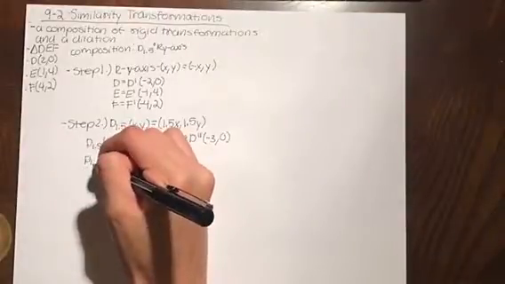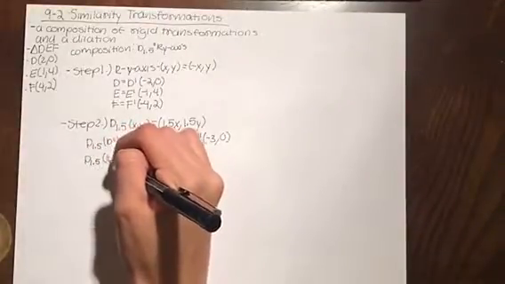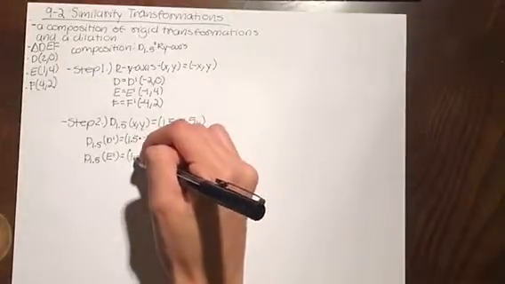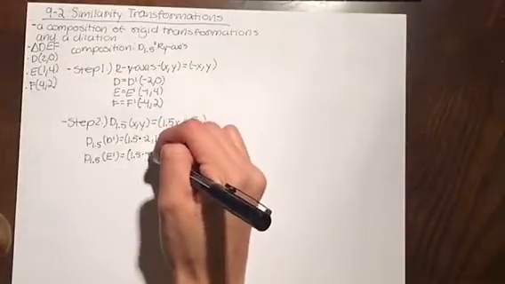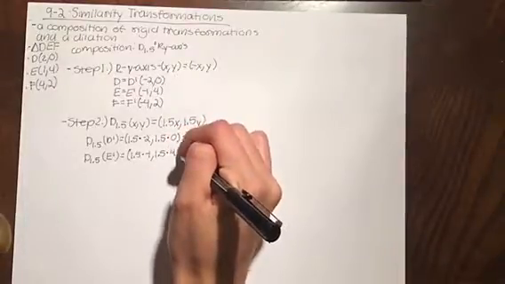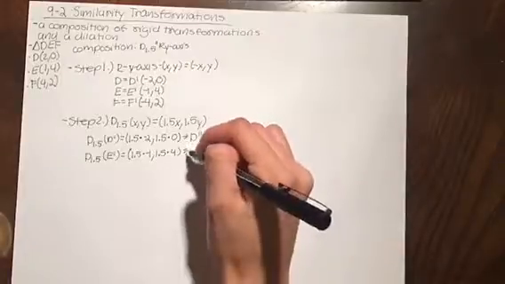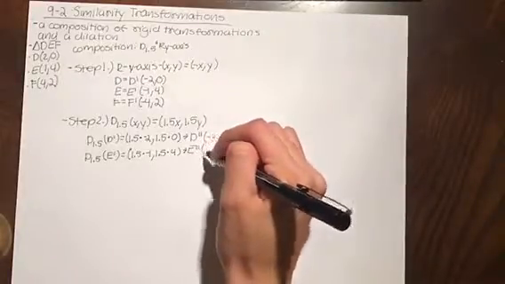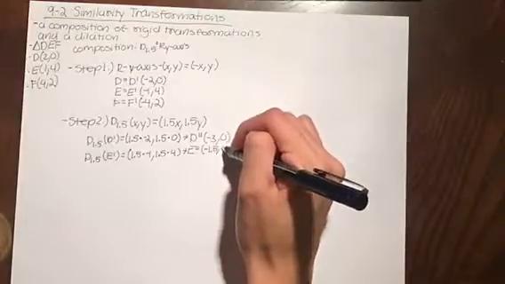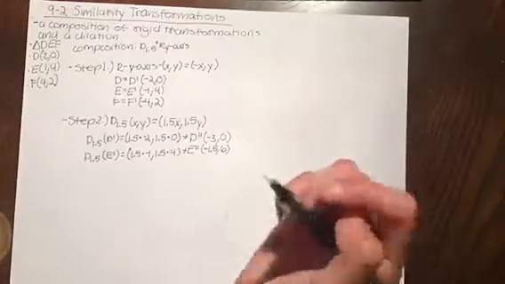And dilation of 1.5 E prime equals 1.5 times negative 1 and 1.5 times 4, which equals E double prime (negative 1.5, 6).